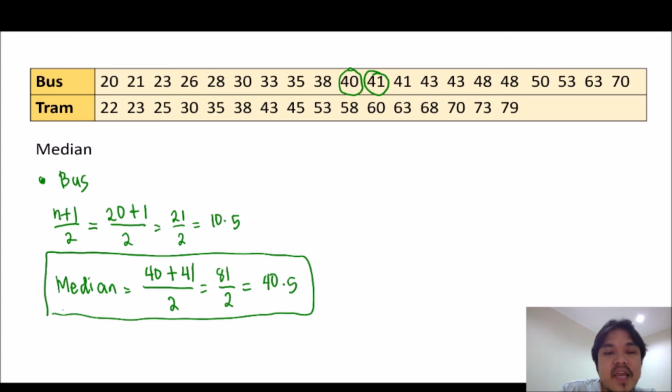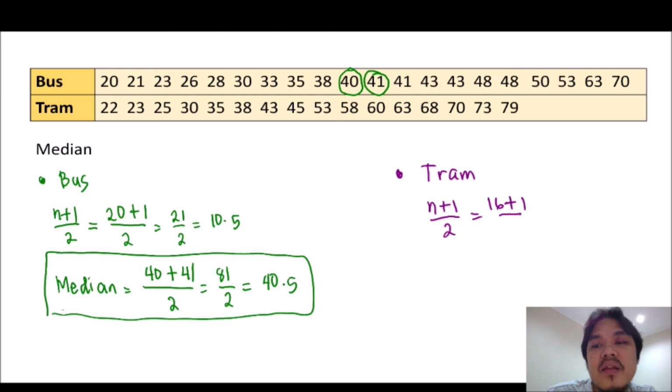Let's have our data for the tram. Using the formula n plus 1 over 2, since we have 16 scores, 16 plus 1 over 2 will be 8.5. So 8.5 is between the 8th value and the 9th value.